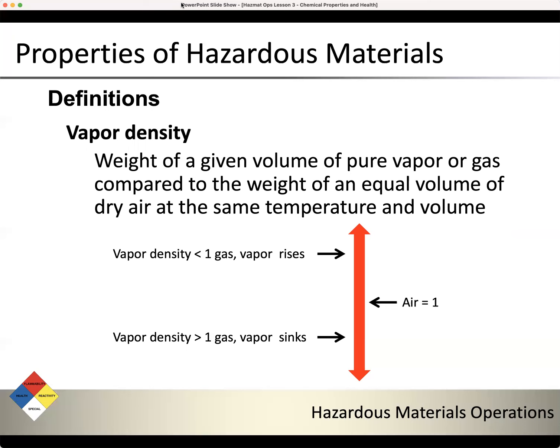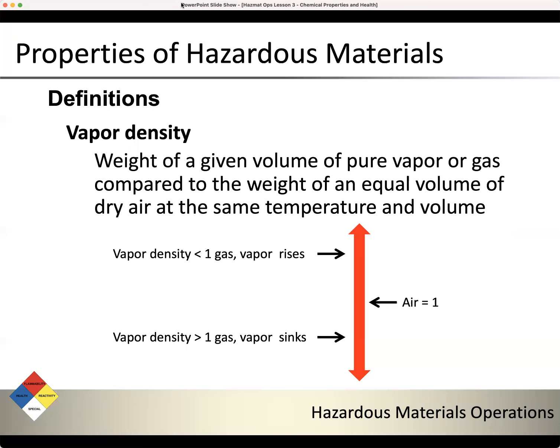So we need to know what this gas is going to do. There's three things it can do. It can just sit and not go anywhere in its normal altitude.